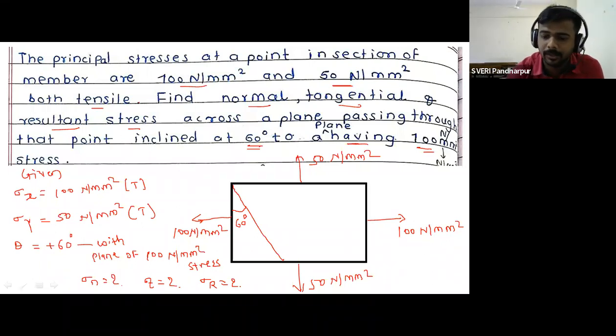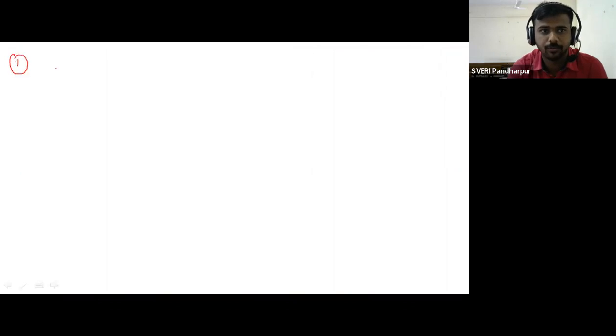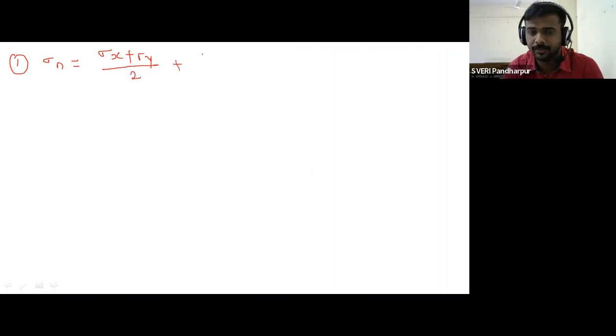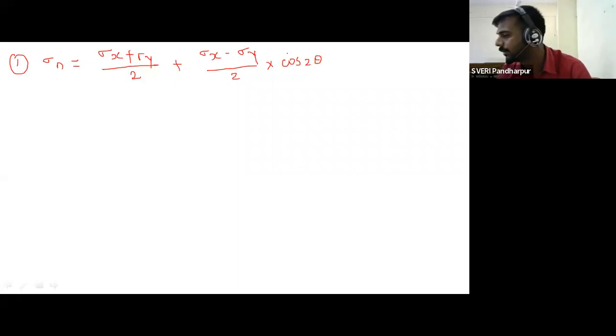So one by one, first value we have to calculate as a normal stress. So we are having the formula. So normal stress is equal to sigma x plus sigma y divided by 2 plus sigma x minus sigma y divided by 2 into cos 2 theta.